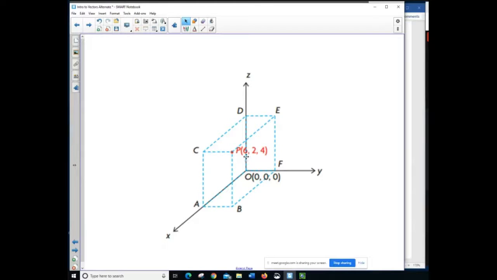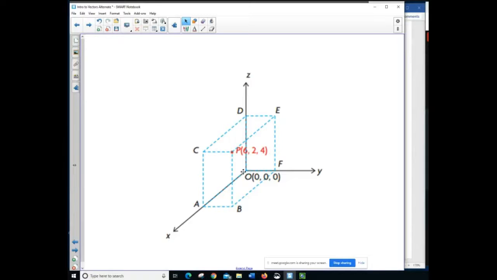So you'll notice here, instead of an ordered pair, we have an ordered triple. 6 units in the x direction, 2 units in the y direction, notice parallel to the y-axis, and then 4 units upwards. Okay, and there's your point. Now, if you want to think of it in terms of individual components, there's your x, there's your y, and there's your z. But you draw this rectangular prism to produce this sense of perspective. Okay?